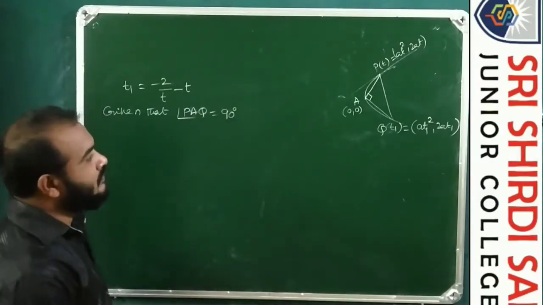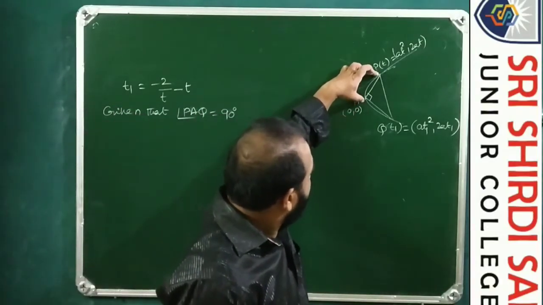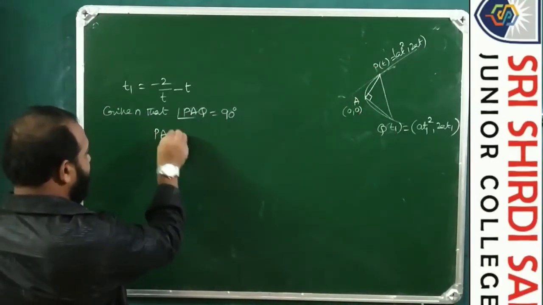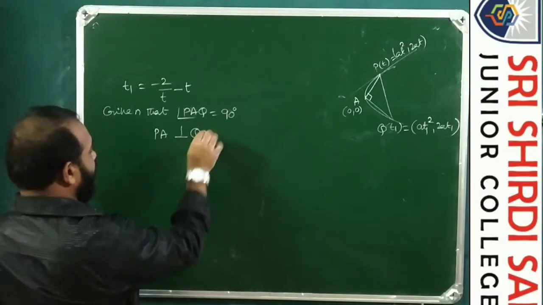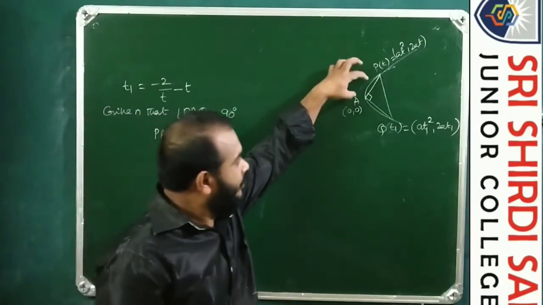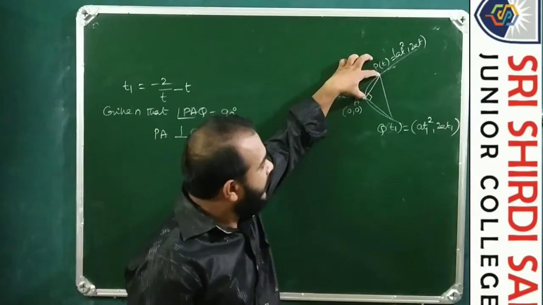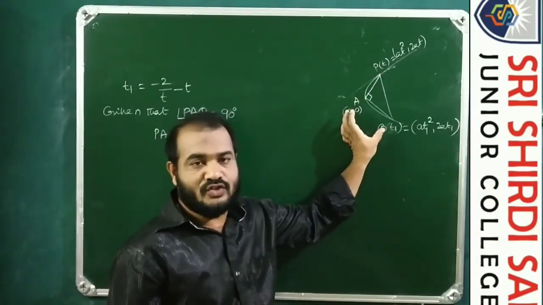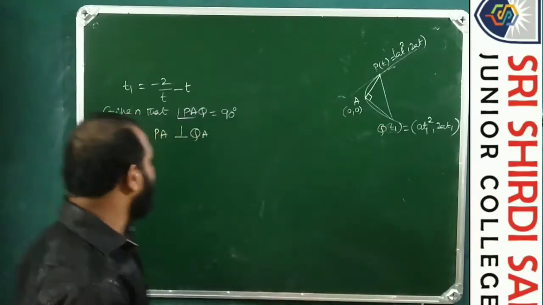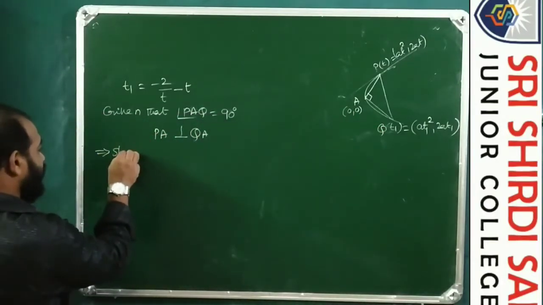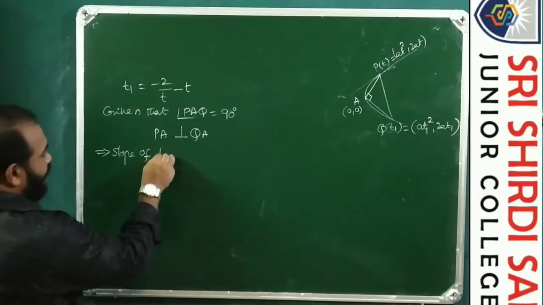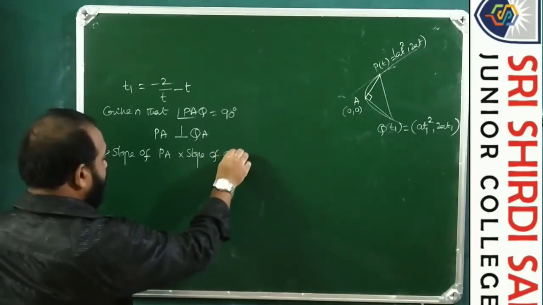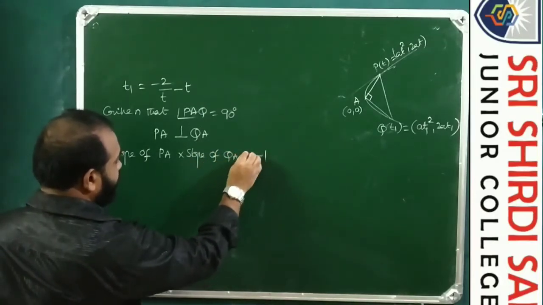That means PA is perpendicular to QA. So the slope of PA into the slope of QA is equal to minus 1. The product of the slopes is minus 1 when two lines are perpendicular. That implies slope of PA into slope of QA is equal to minus 1.